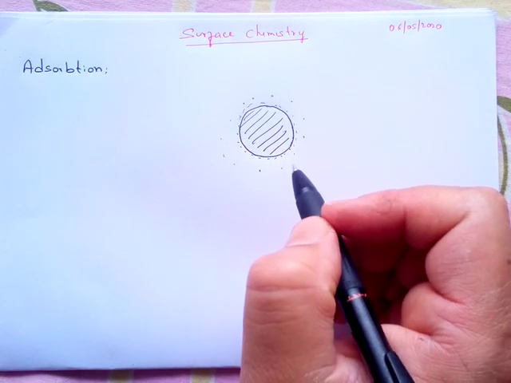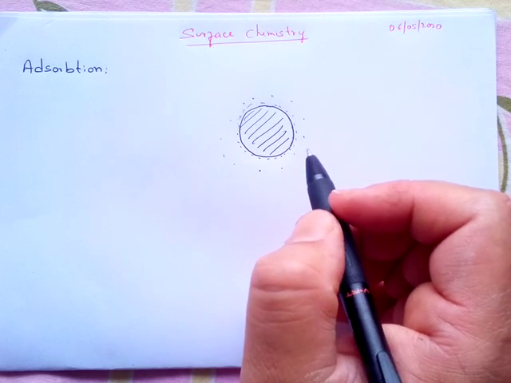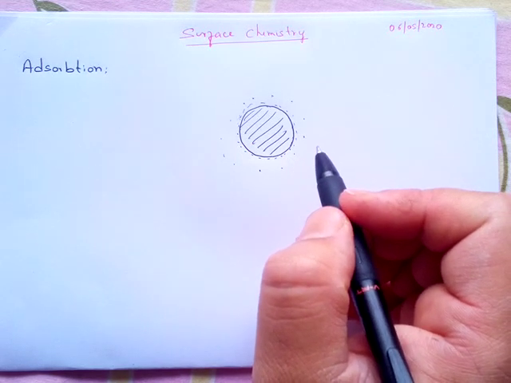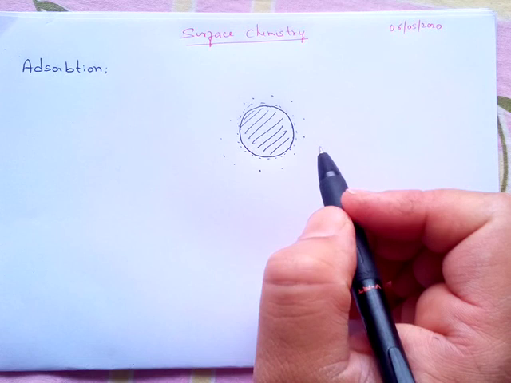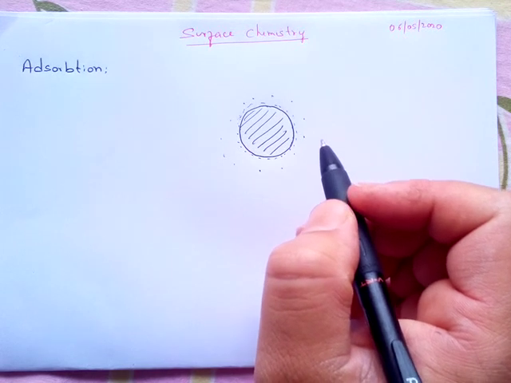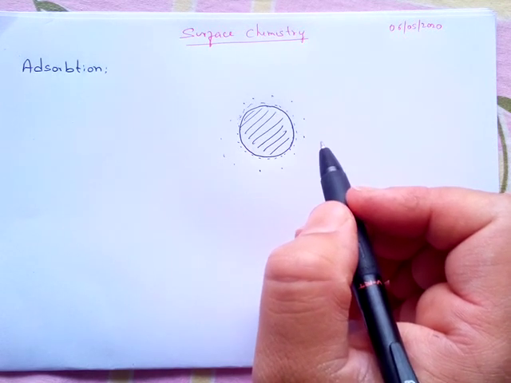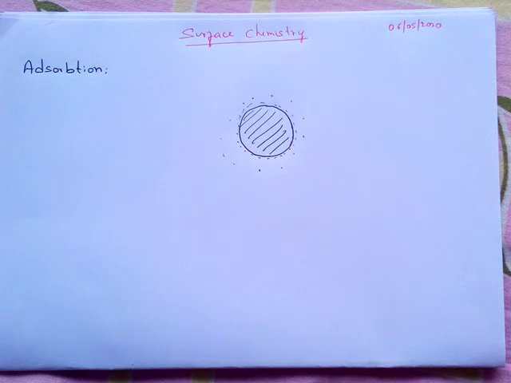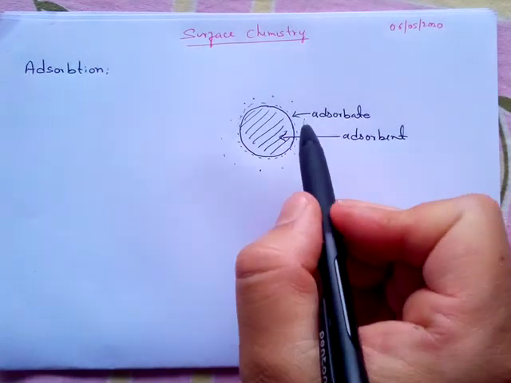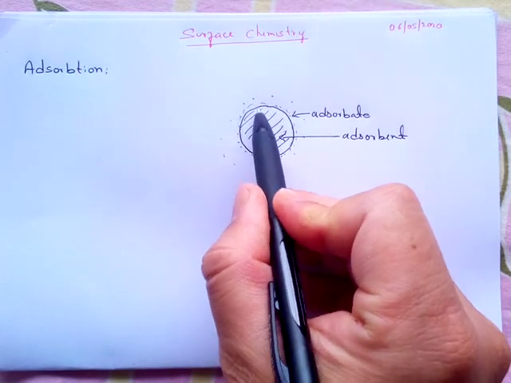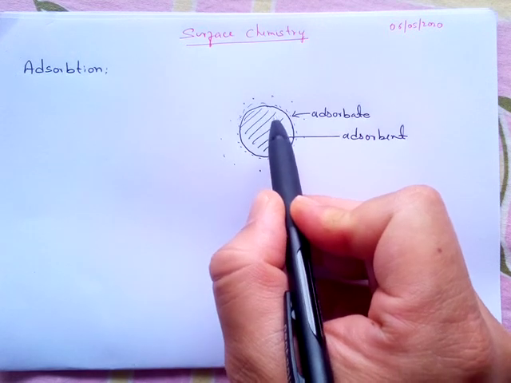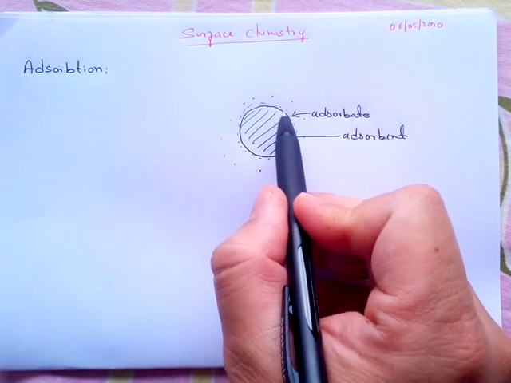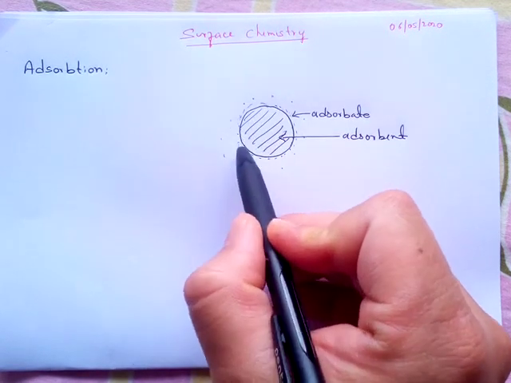Now here there are technical terms you have to understand. The material which is on the surface is known as adsorbate. So here, if I place a stone in open air, then the gas particles get adsorbed at the surface, right?